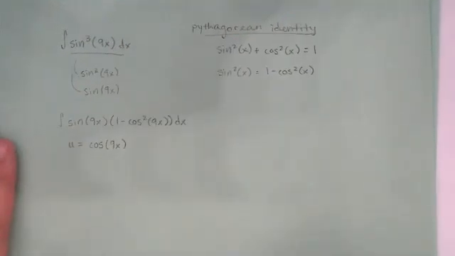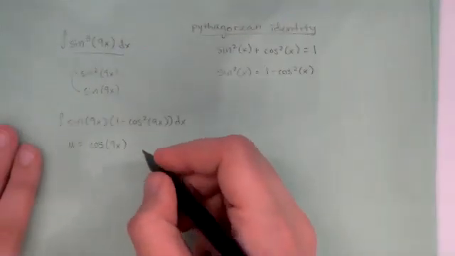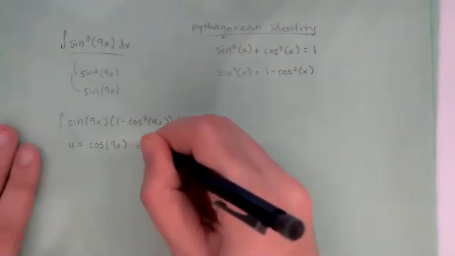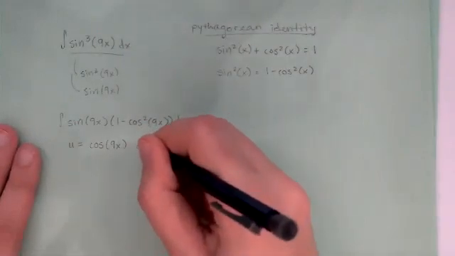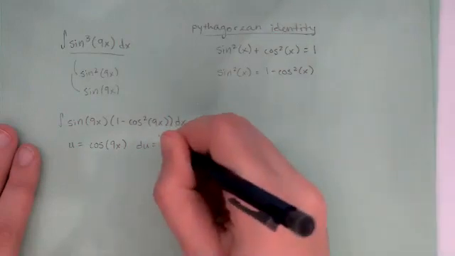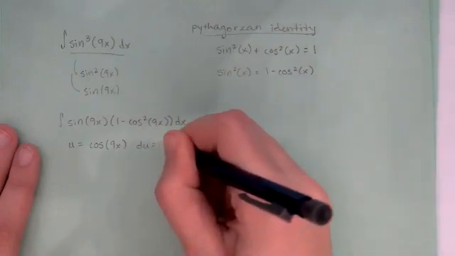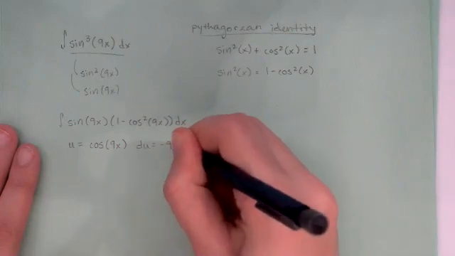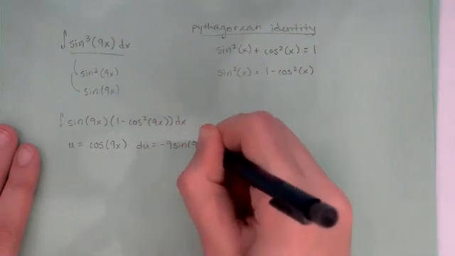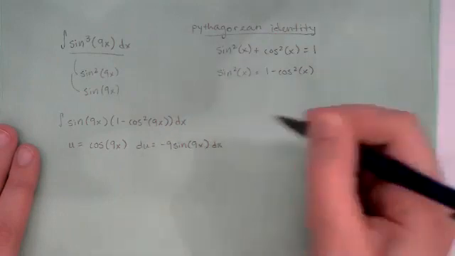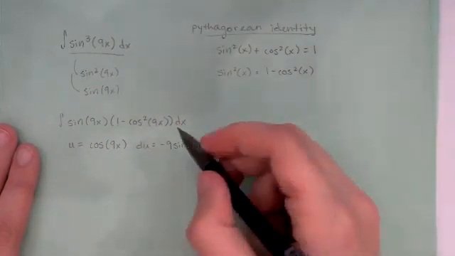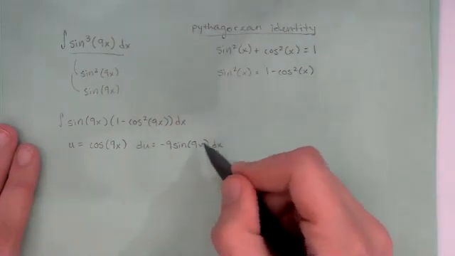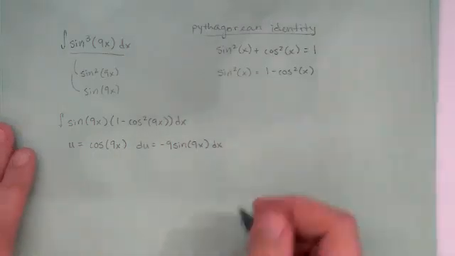So if we have our U equal to cosine of 9x, our du is going to be, cosine goes to negative sine, so negative 9 sine of 9x dx. We get that 9 in front because of the chain rule.